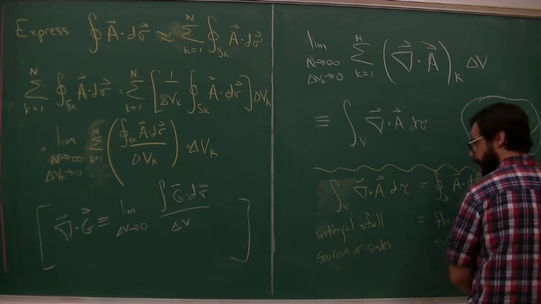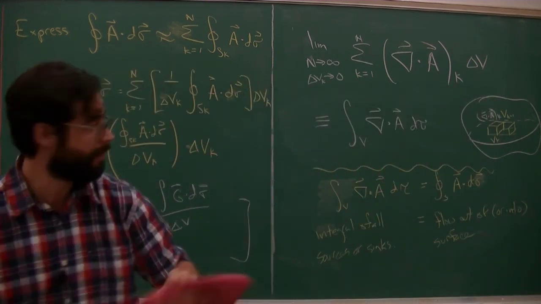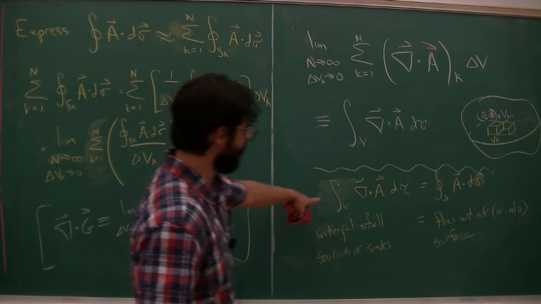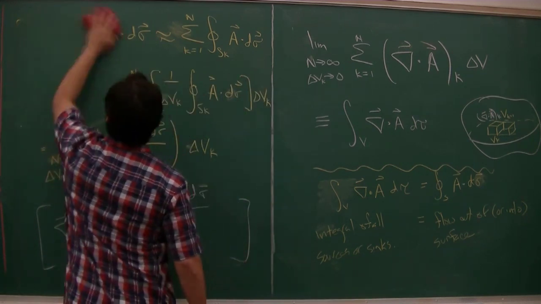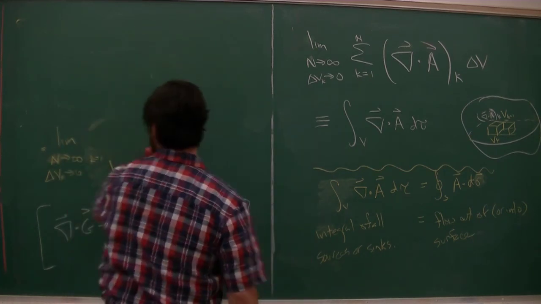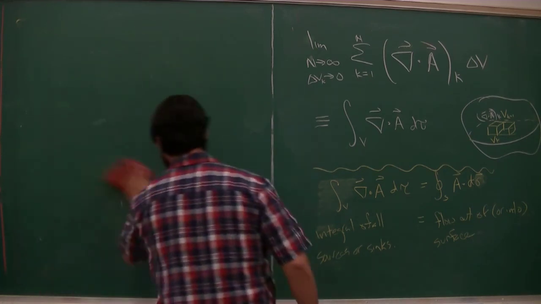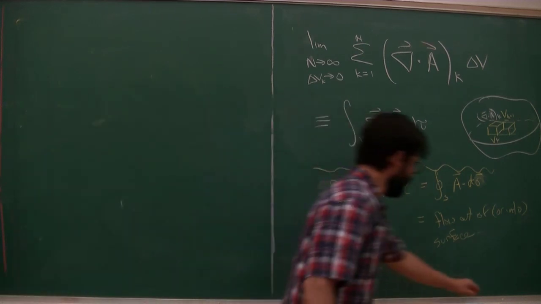Okay. And then, astonishing fact is that the most important example of Gauss's theorem is Gauss's law. So I'll just write that with the terminology that you're used to. Because it does show up in a slightly different way.